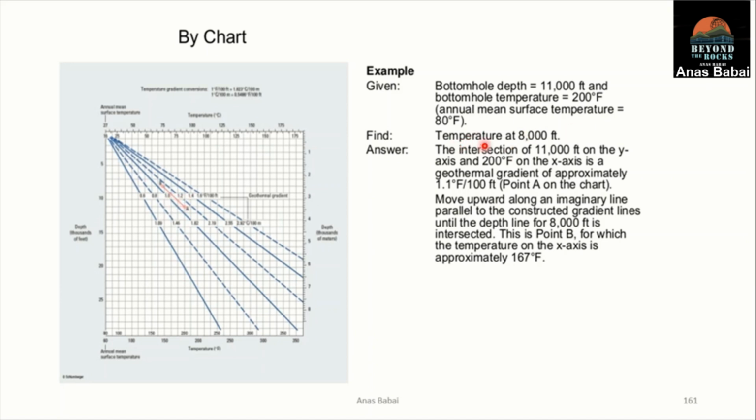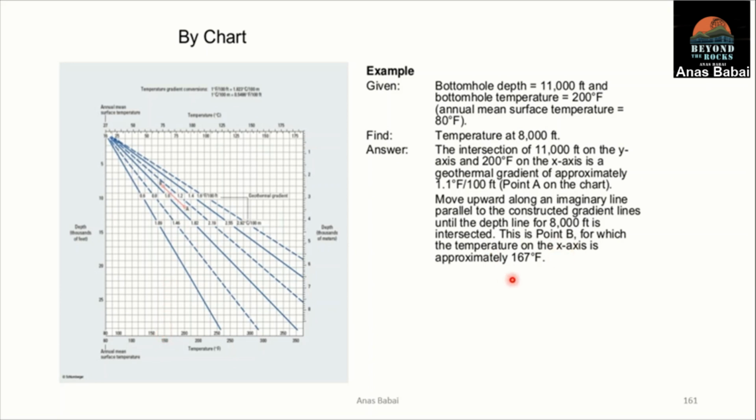Now we need the temperature at 8,000. So we draw a straight line parallel to this line until we intersect with the 8,000, which is at this point, and then we can read the temperature. This is 60, 70, so it's slightly below 170.